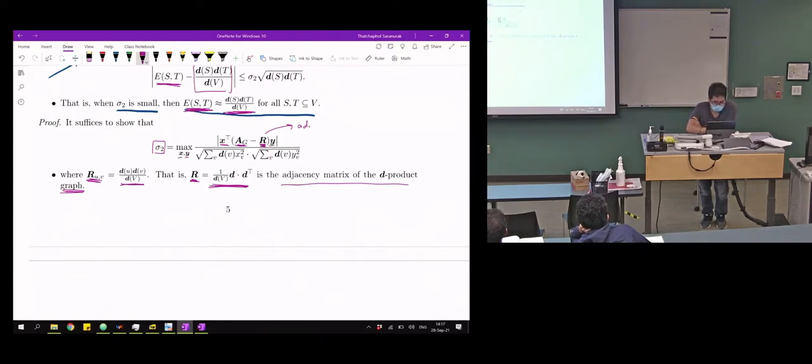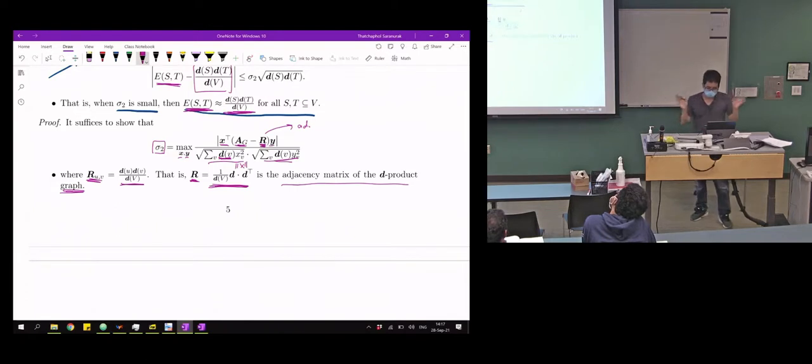And multiply it by y. This is something similar to the norm of x, but scaled by d. The same thing here for y. That is quite a lot, but suppose that we have this, then we are done.